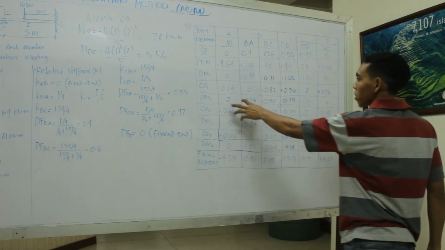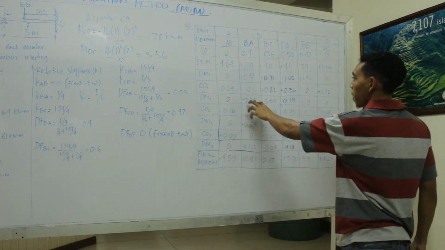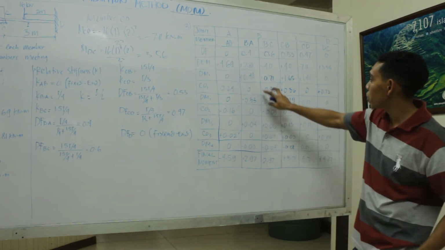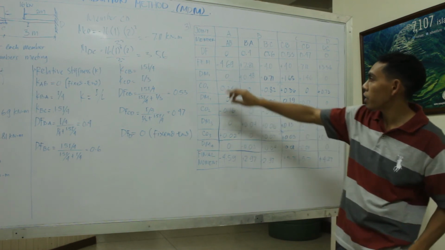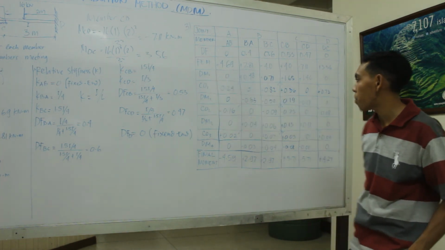The next one is the second distributed moment. We have here still 0, and here we have to add these two multiplied by 0.4, like what we did for the first distributed moment.